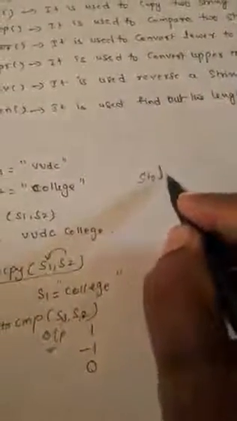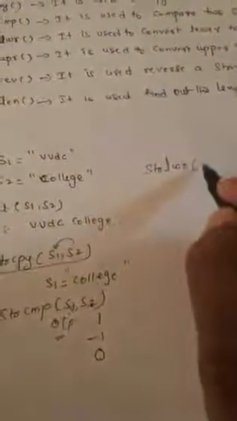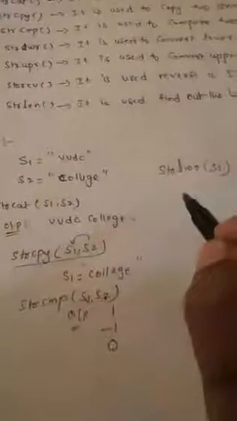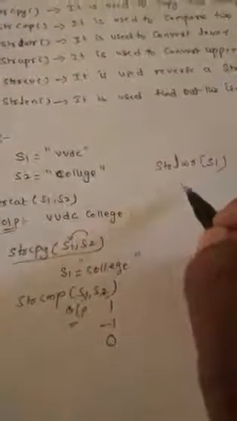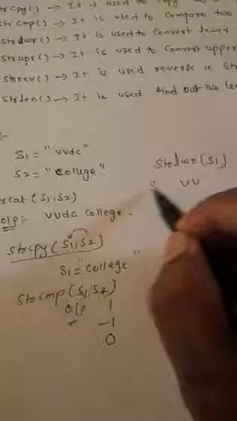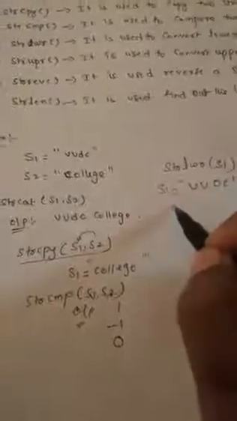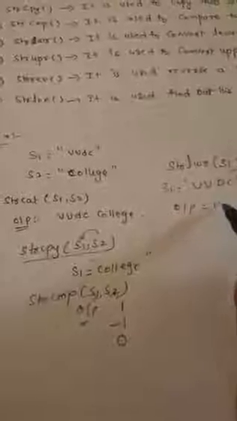So next, strlwr. It means lower. Suppose s1. This function is used to convert a string into lowercase. Suppose s1 is capital VVDC. So the output will be small vvdc.